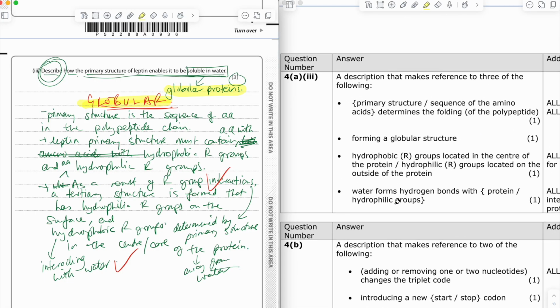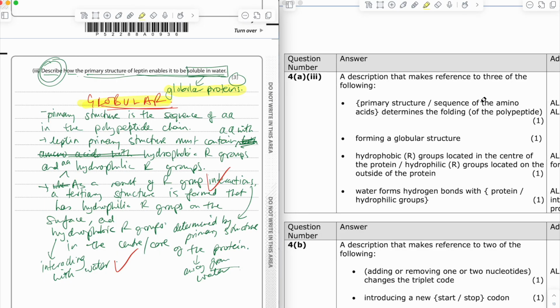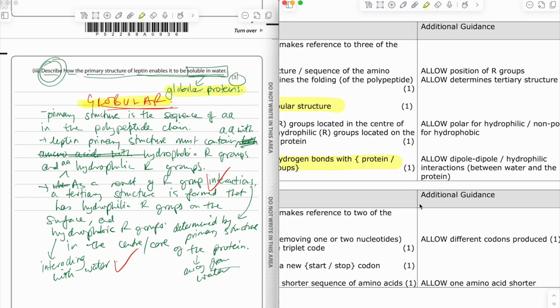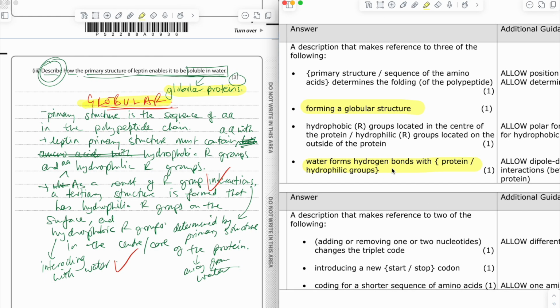Okay, part 3. Primary structure determines the folding of the polypeptide. Primary structure is a sequence of amino acids. Tertiary structure is formed. Okay. Water. So I think the marks I missed here were this one and this one. I don't know if water is technically forming hydrogen bonds with hydrophilic groups.